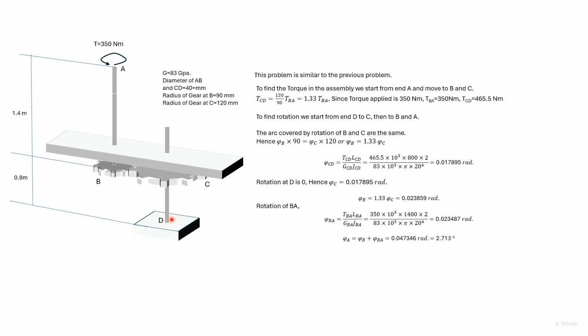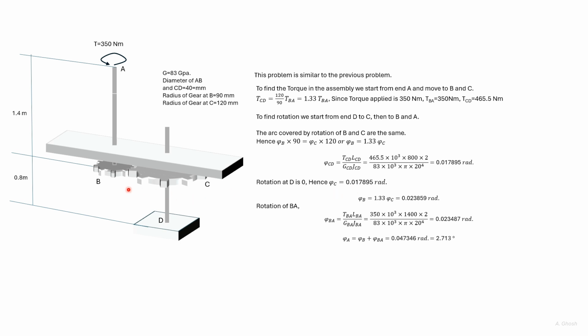So we find phi in CD, and as such phi in C. So phi CD is found here. The torque in CD we found earlier, and we know L, G and J. So this is the value. This is the value of the rotation of C.